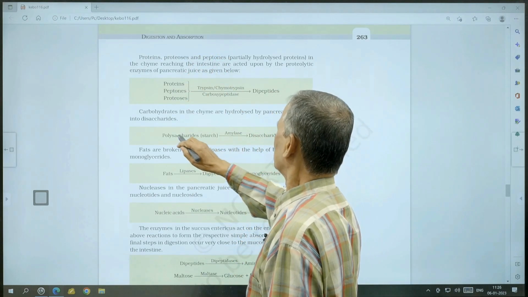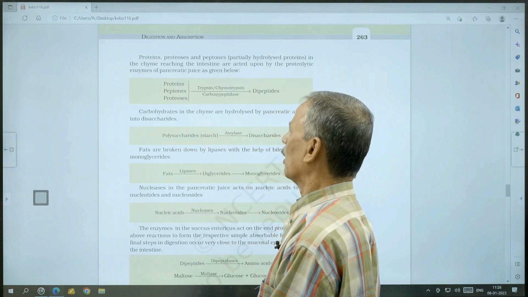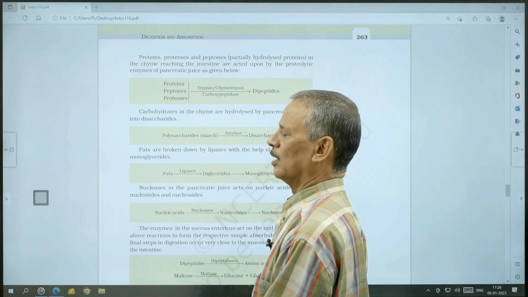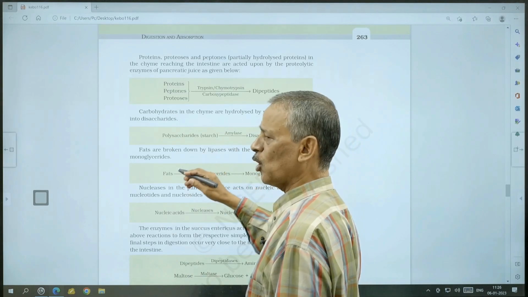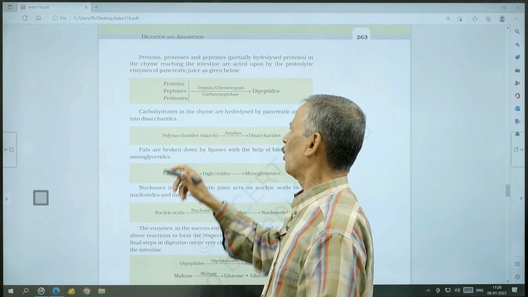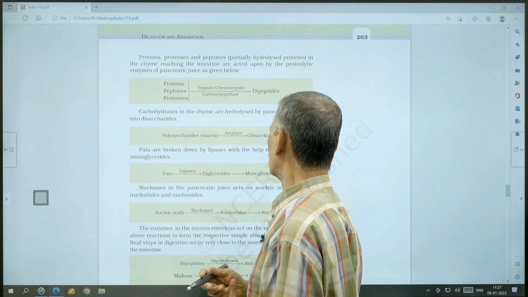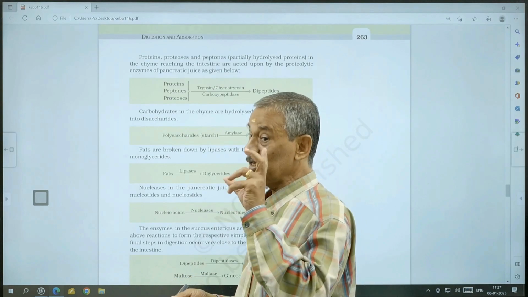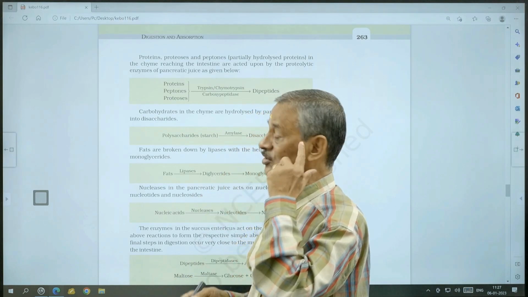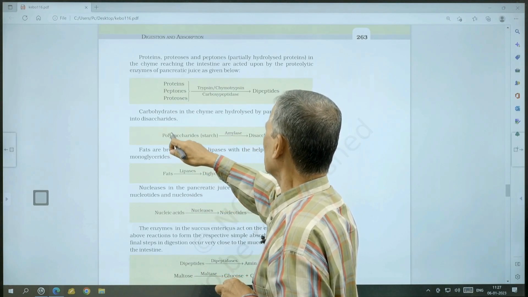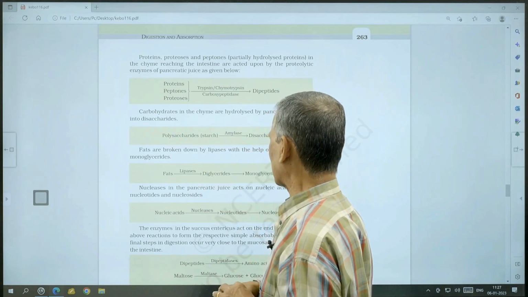Now, the pancreas has amylase, pancreatic amylase. This amylase is responsible for major digestion of polysaccharide, that is starch, which is converted into disaccharides. Only 30% is salivary amylase. The remaining is the pancreatic amylase that converts starch into disaccharides.